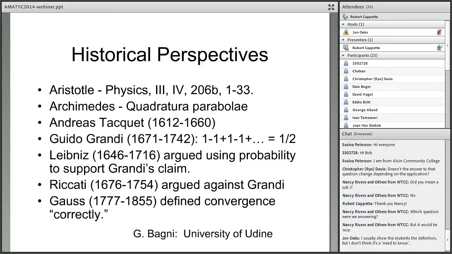So when students try to define these notions, they use their intuition first. They look at it like Aristotle, Archimedes, and Grandi, long before they look at it like Gauss. Now, can we get students to think of it like Gauss? Mathematicians have to do that. The challenge that I think we have is how do we get students there successfully without destroying their spirit.